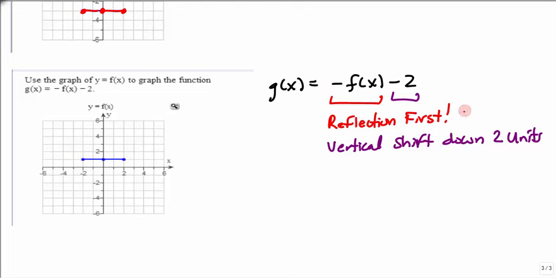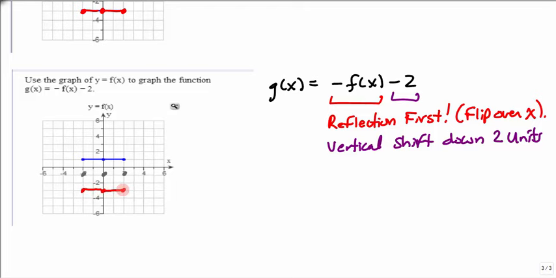So we flip over the x-axis. Okay, so let's go ahead and do the reflection first. Our first step is to reflect over the x-axis. So these points reflect across this x-axis. And then I take each of these points and move them down 2 units. So 1, 2, down 2, down 2, and then this is my new graph.